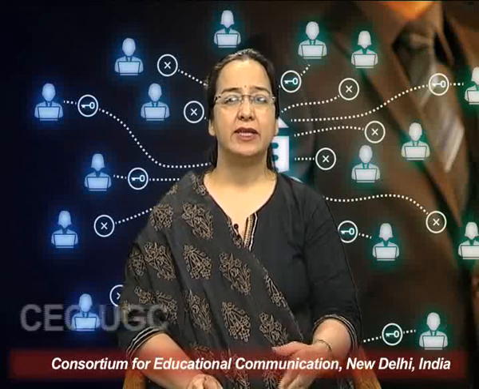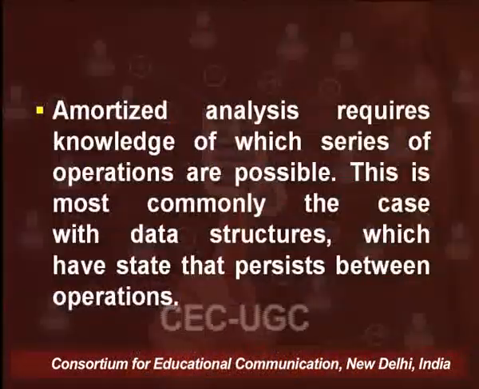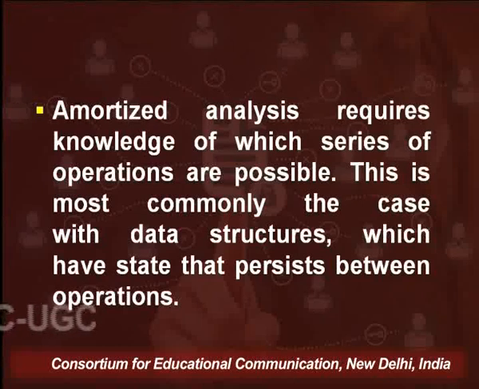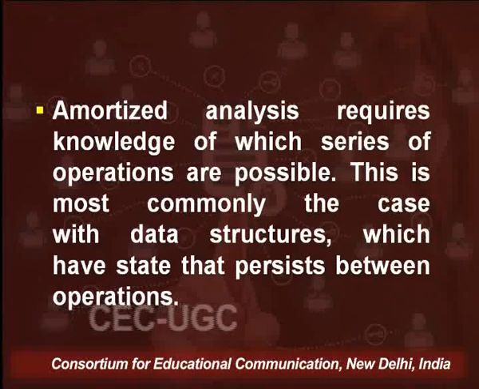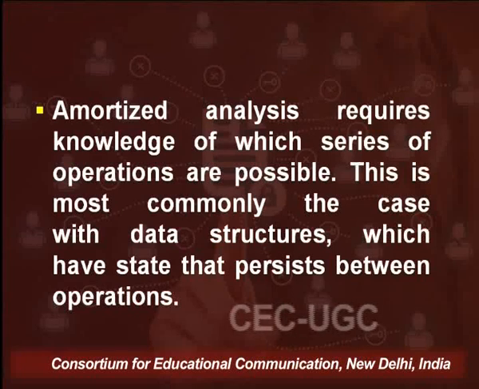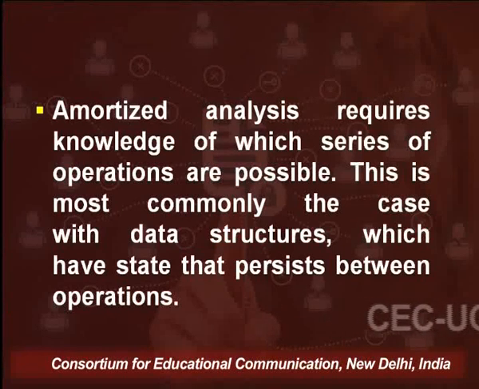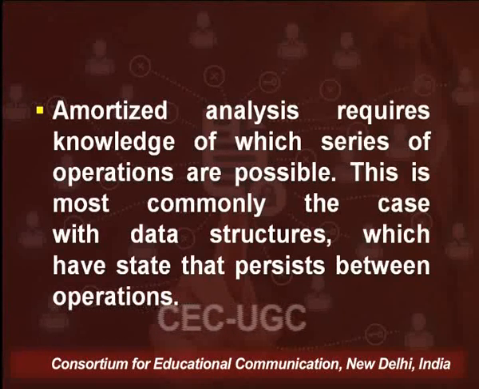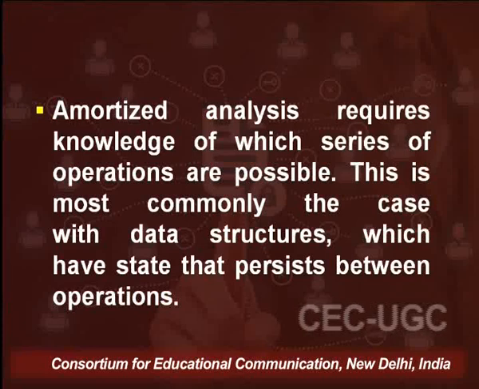We are very clear that amortized analysis requires knowledge of which series of operations is possible. So that sequence of operations must be known, and this is the most common case with data structures which persist state between various operations.